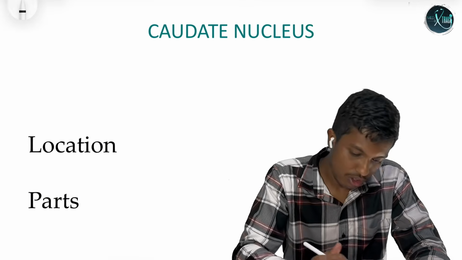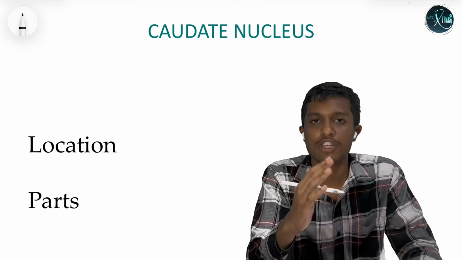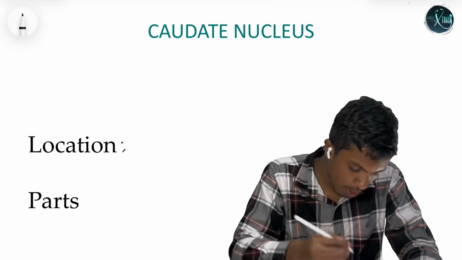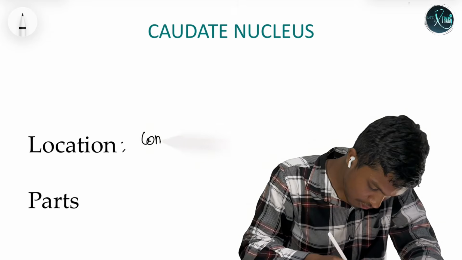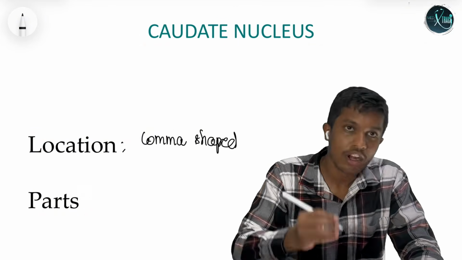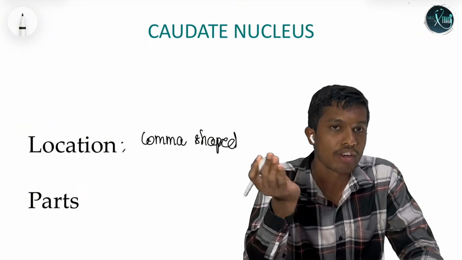Coming to important points of each nucleus, the caudate nucleus, as I told you before, is a comma-shaped collection of gray matter along the convexity of the lateral ventricle.